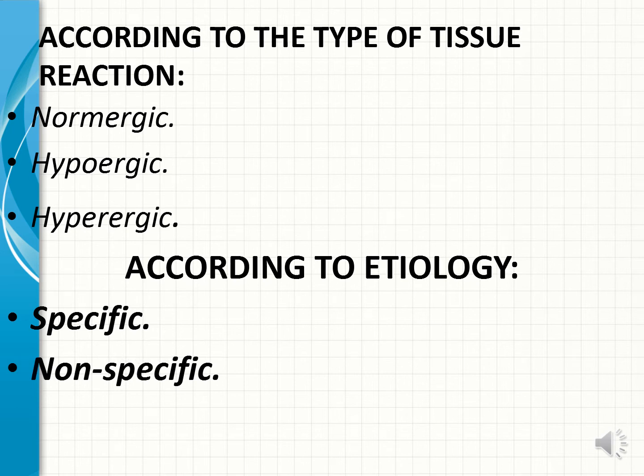The type of tissue reaction to injury could be different, like normal, hypo reaction, and hyper reaction. Also, according to etiology, we divide inflammation into specific type and non-specific type.